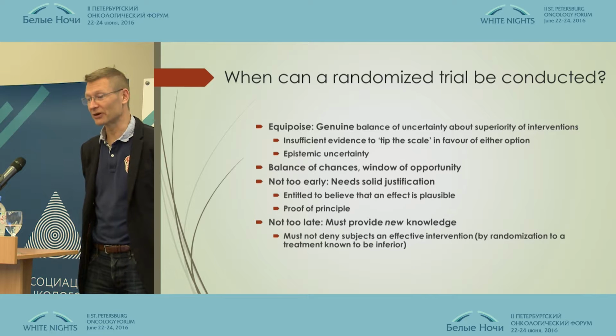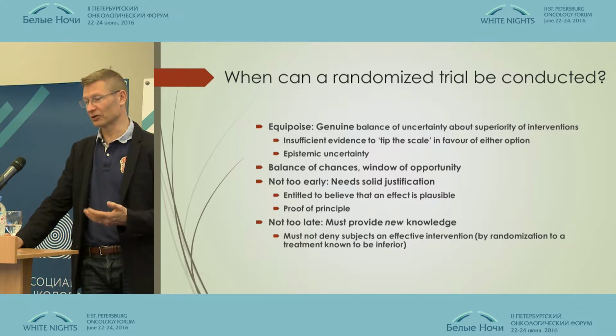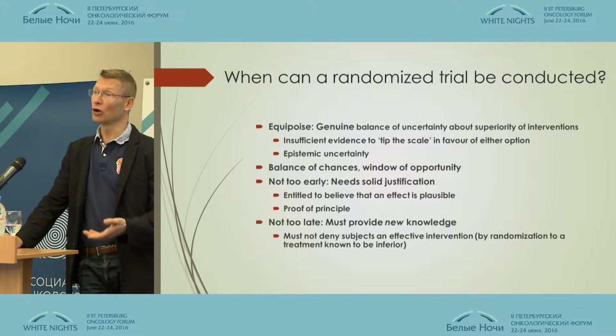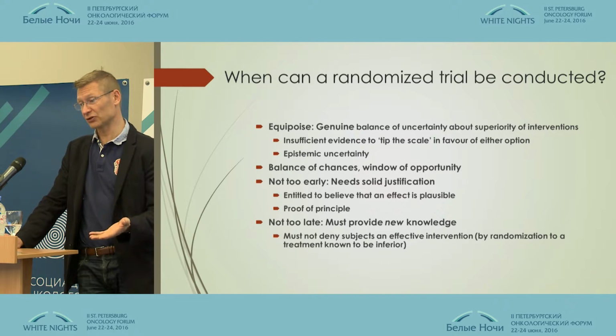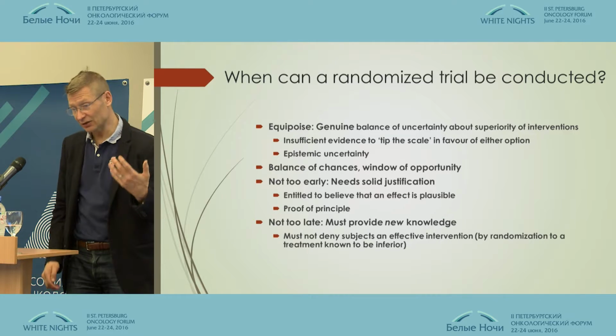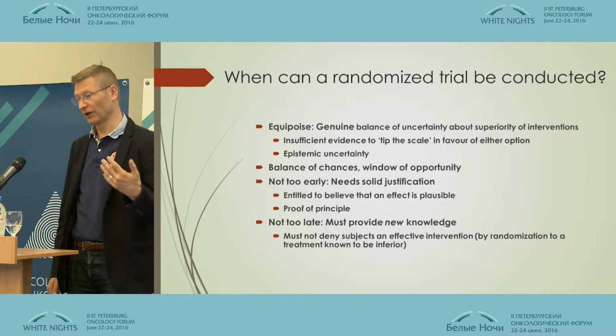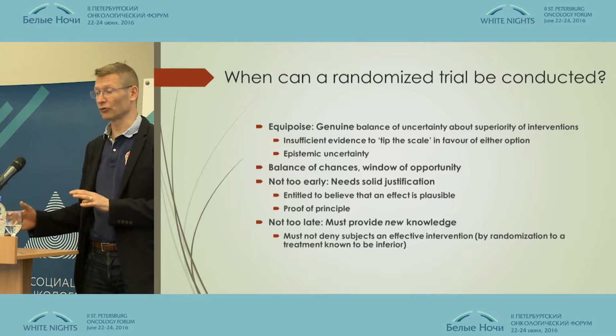It just means that there is a genuine balance of uncertainty about the superiority of intervention, so that we don't know whether the new intervention that we are evaluating is as good or worse or similar to the existing approaches. So meaning that there is up to that point insufficient evidence to tip the scale in favor of either option. So we don't know really.